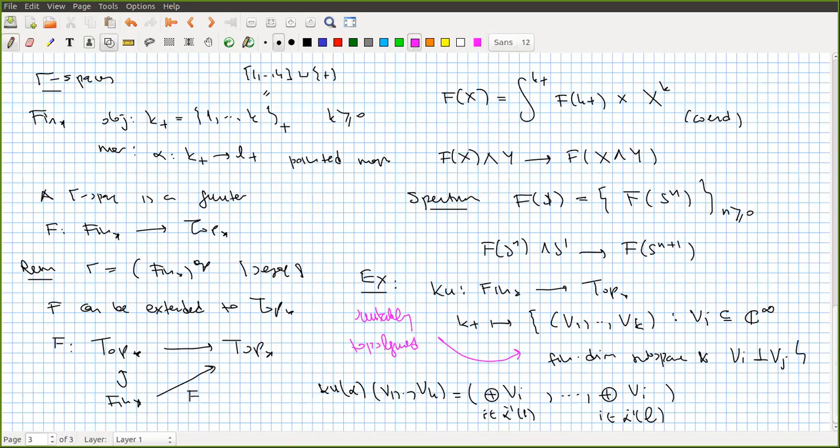Well, I'm not going to define what the topology is, but let me write something that gives you an idea. The topology is such that when you look at the space at 1 plus, this is the disjoint union of Grassmannians of M-planes inside C infinity as M goes over the natural numbers.